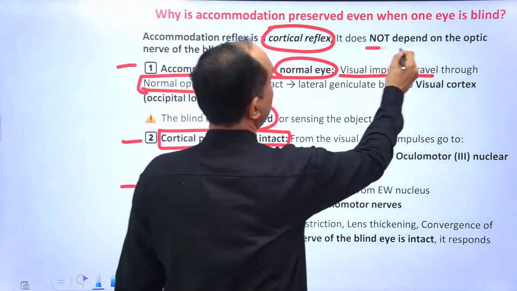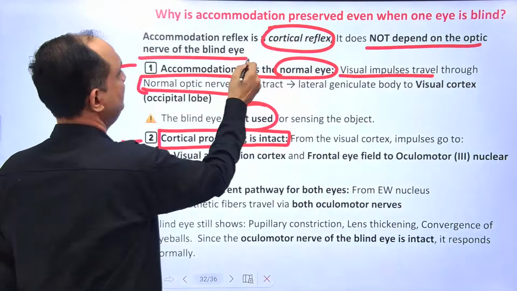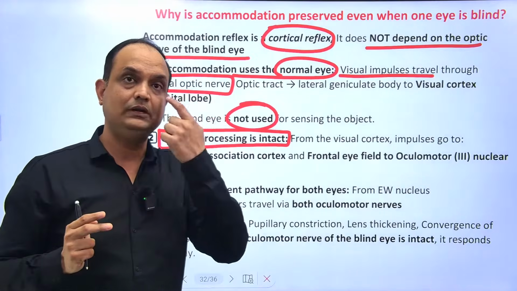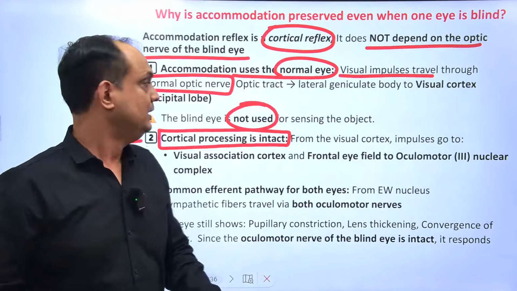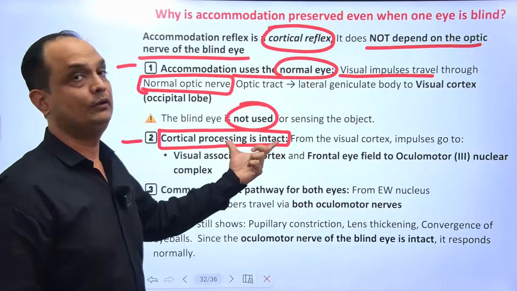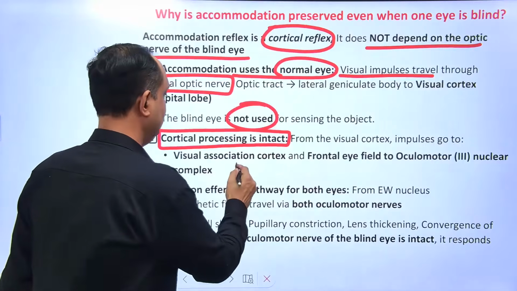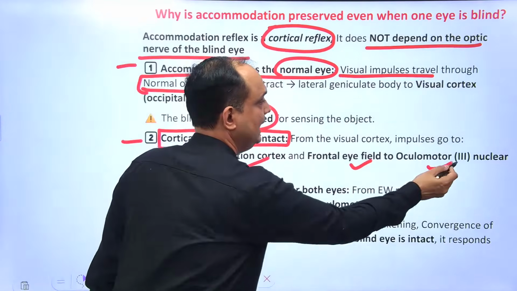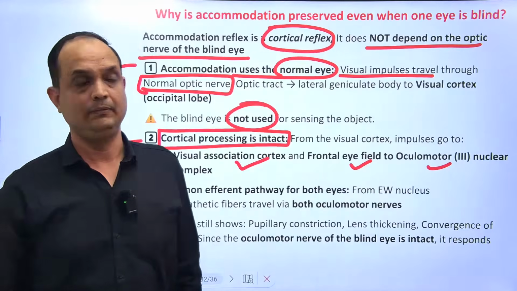It never depends on the optic nerve of the blind eye. We are not dependent upon the optic nerve of the blind eye, because inputs are all still going through the normal eye. So the processing will be there. These impulses entering from the normal eye go to the visual cortex, to the frontal eye field, and from there to the third cranial nerve.